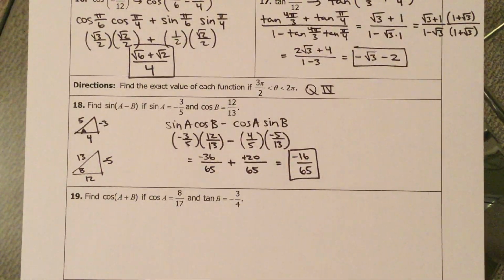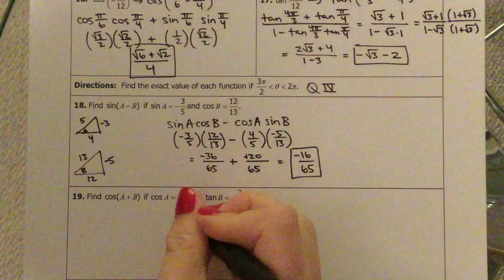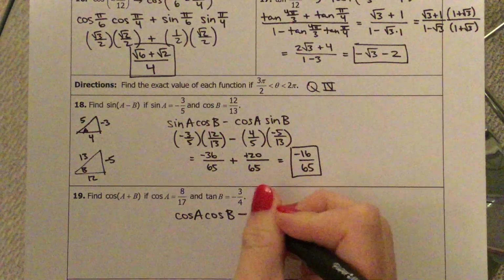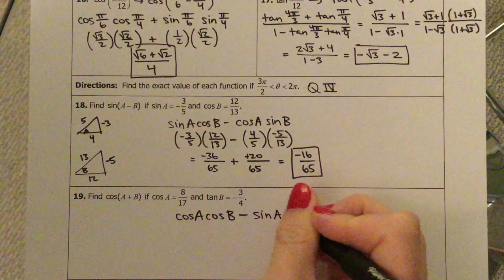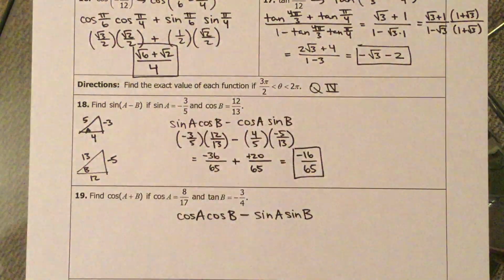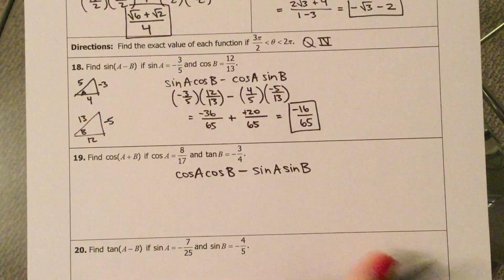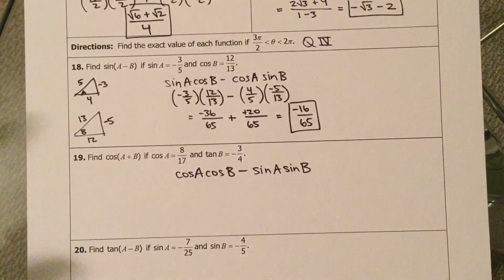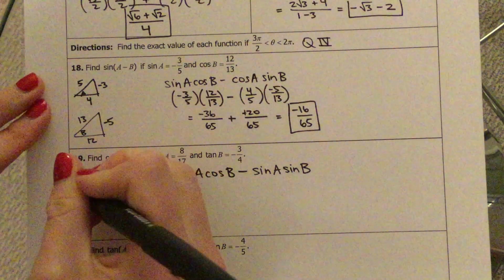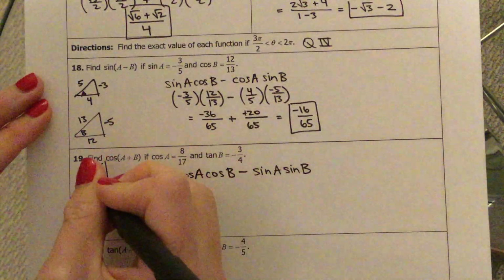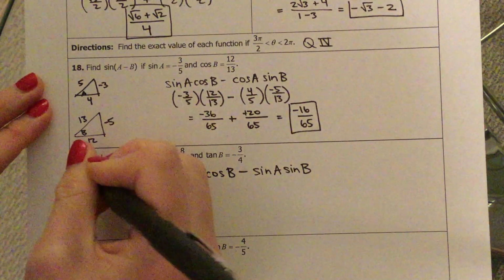All right, 19, similar. So let's write down the formula that we need. Cosine cosine, remember opposite of what you'd think, so minus sine sine. Okay, so we have cosine, we have tangent. So we're still doing the exact same thing, it's just that tangent happens to give you two different pieces of the triangle. So here's A. Cosine is adjacent over hypotenuse.